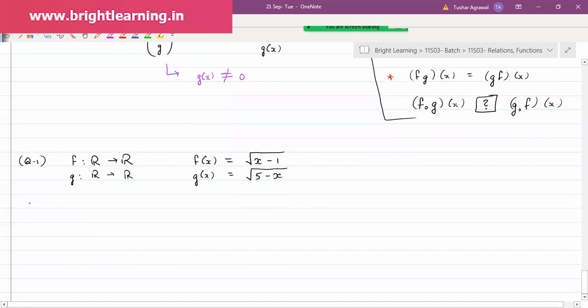Now, first, find the domain of f of x, g of x, and f plus g of x.